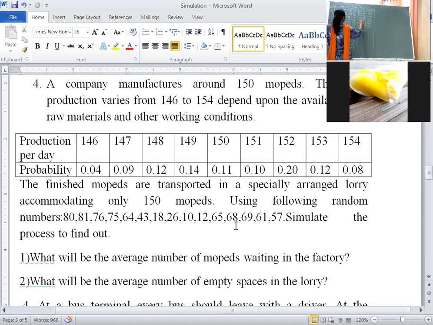Then 26 lies in this, that is 149. Then 10 here, that is 147. 12, again 147. 65 lies in this, then 152. 68 in this, 152. 69 again 152. 61 again same, it's 152. 57, that is different, 151.